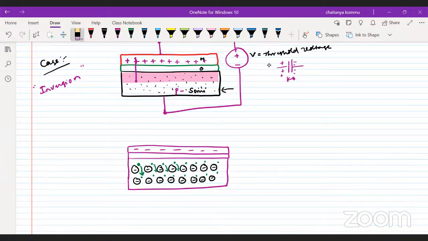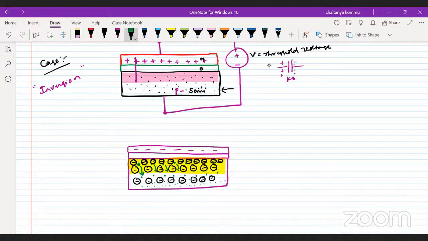That means these negative carriers are not available under the surface, but the surface is full of immobile charge carriers, the negative ions. These negative ions will be present under the SiO2, under the oxide. Agreed? So only the minority carriers are available at the bottom.